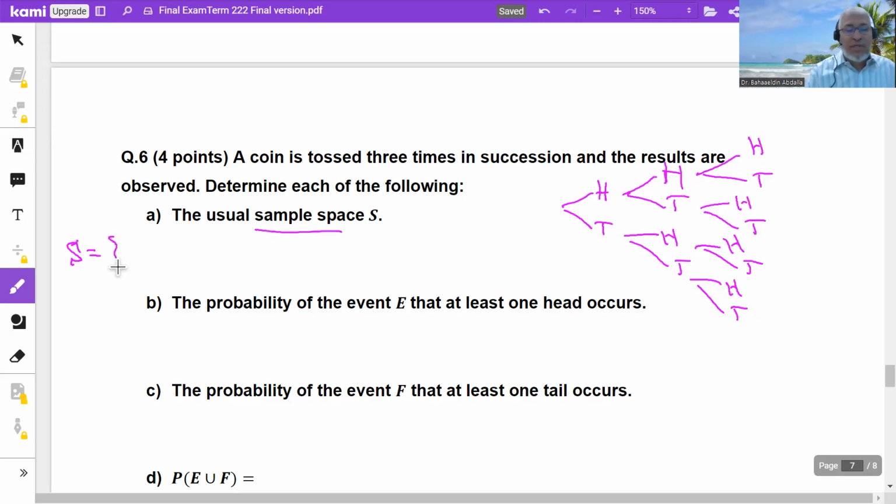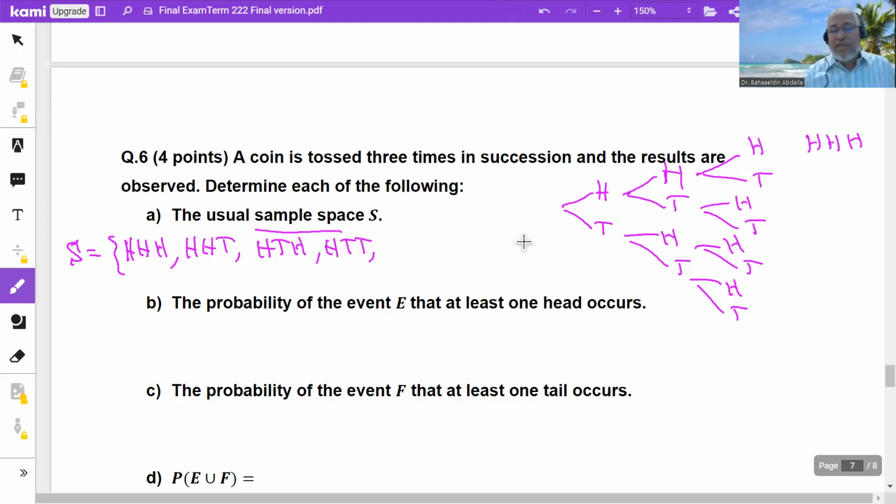Well, the sample space would be, the first result would be H coming from here. So H in the first, H in the second, H in the third, HHH, and then HHT, HTH, HTT, THH, THT, reading from the tree diagram, TTH, and TTT.